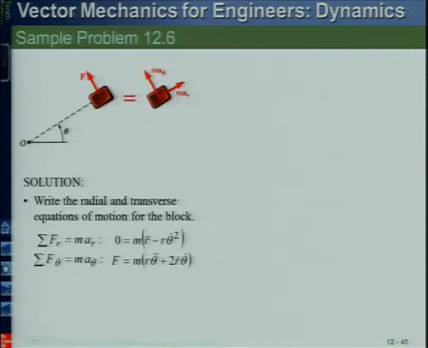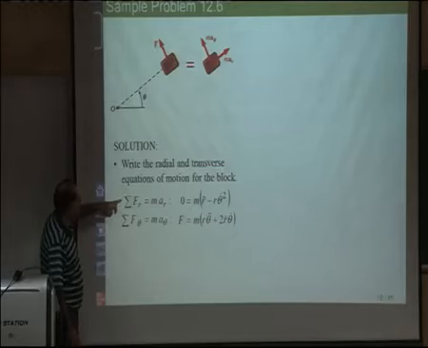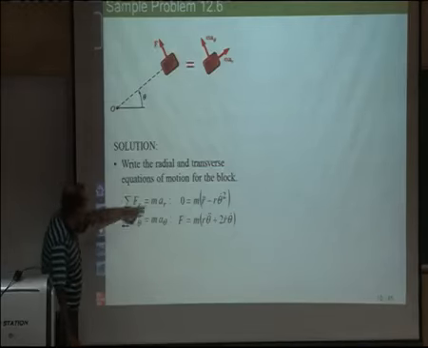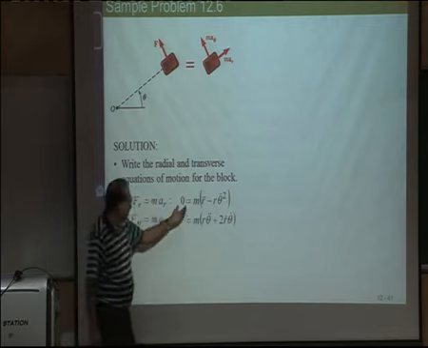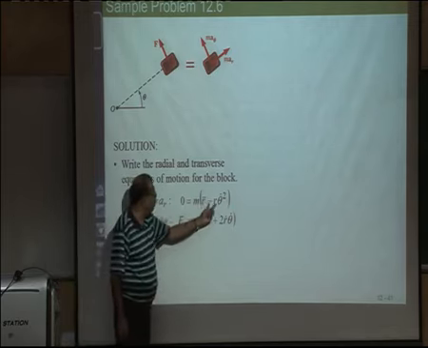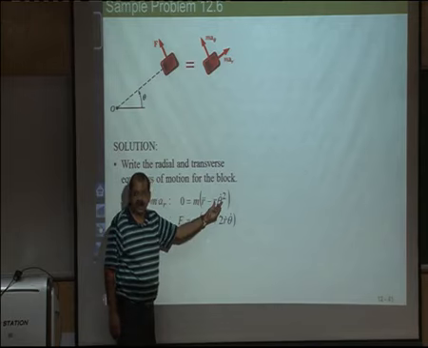So first, if I draw the free body diagram of the block, there is only one force F, and this must be equal to the sum of these two. So when I do this, the radial force is m a_r, which is equal to m times (r double dot minus r theta dot square). The radial force here is 0, and then F theta. So from here what you get is r double dot will be equal to r theta dot square.